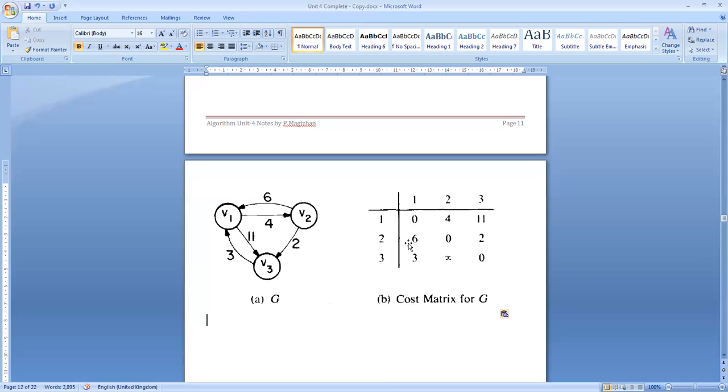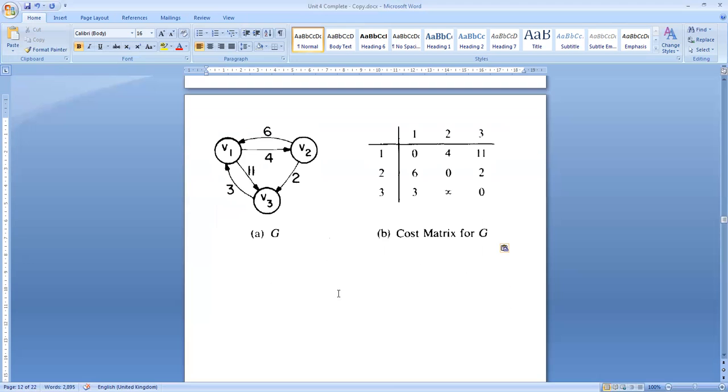Similarly 3 to 1, we have an edge, the value is 3. And 3 to 2, there is no edge. The edge is coming from vertex 2 to vertex 3 only, but no edge from vertex 3 to vertex 2. So in this case, you put that as infinity. So this is the cost matrix of this graph.